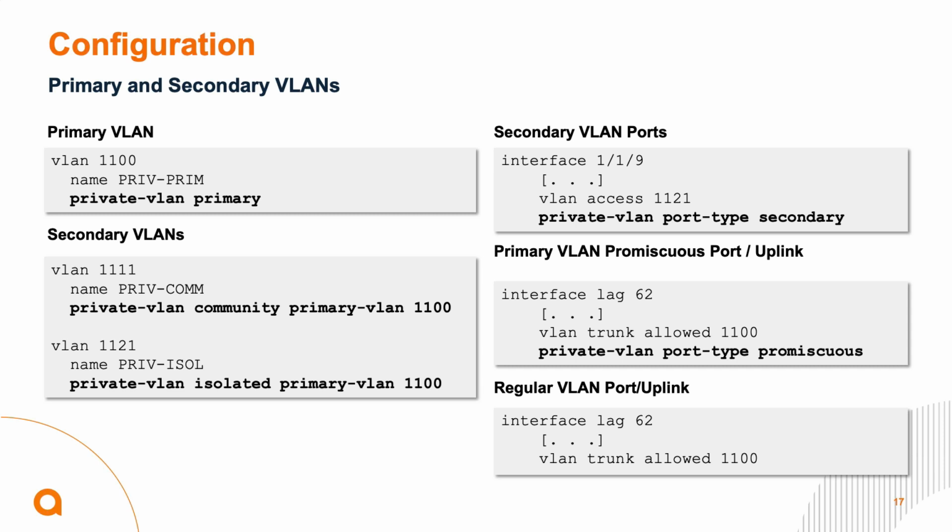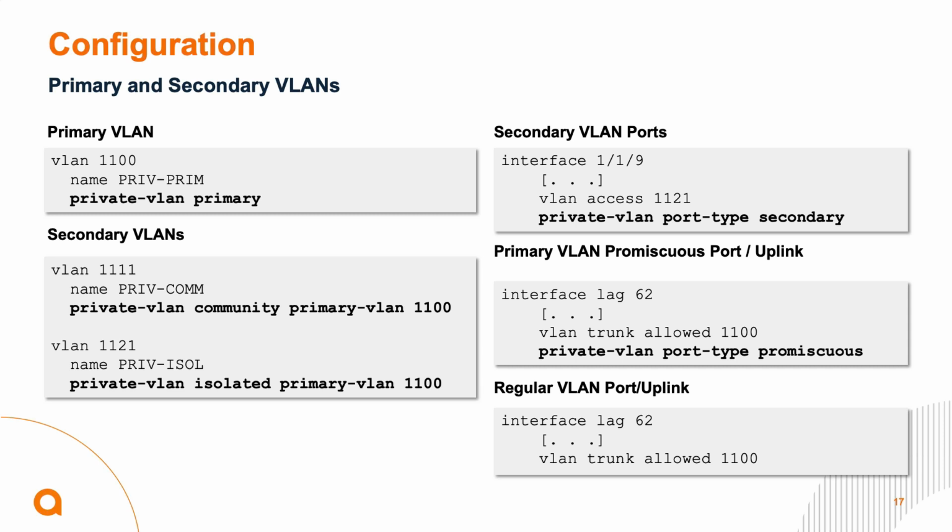Then on the right, you see what you have to do with the secondary VLAN ports. You would qualify them as private VLAN port type secondary, and that will apply both to ports that belong to a community VLAN or to an isolated VLAN. If the port will only be part of the primary VLAN, then you say private VLAN port type promiscuous.